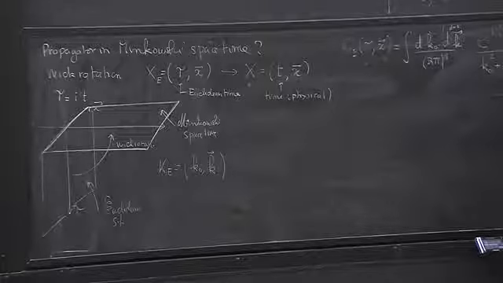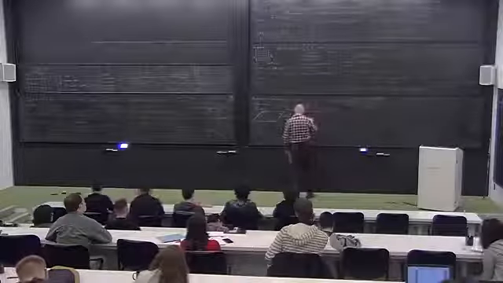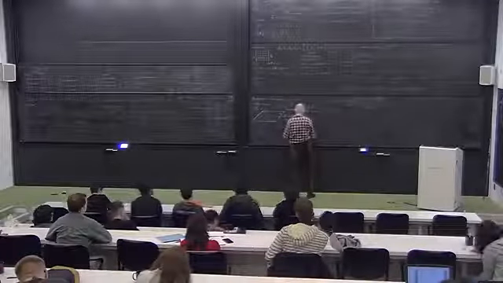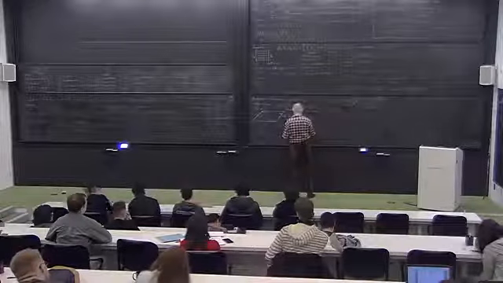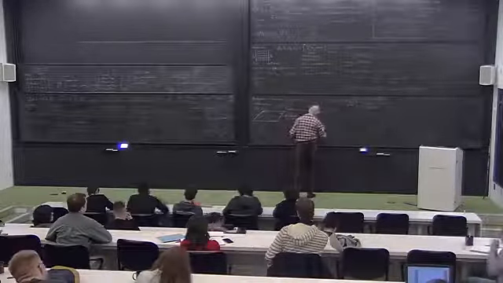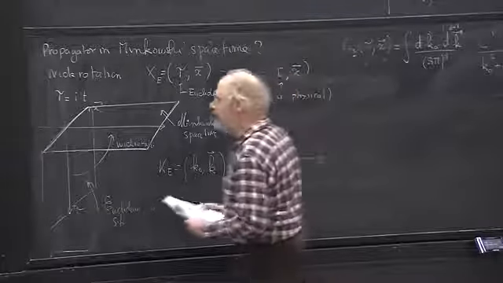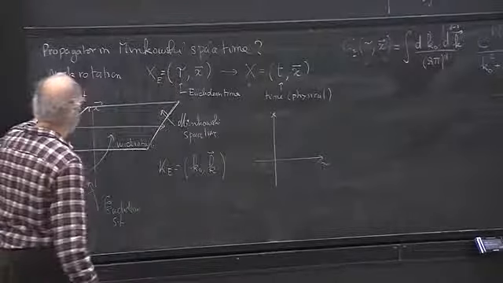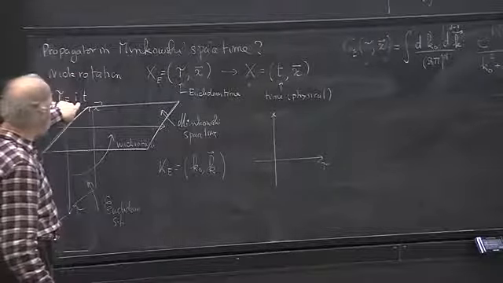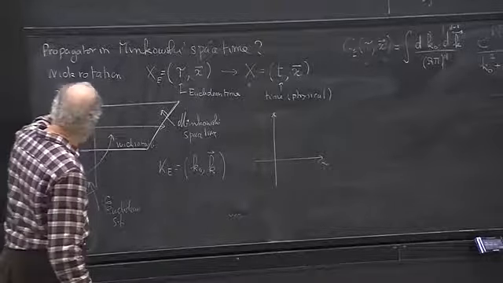So here is my tau variable, and I want to start from a tau which is real and make it imaginary, with an I tau.